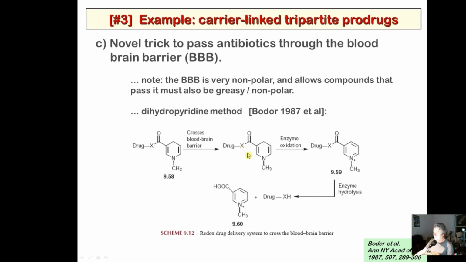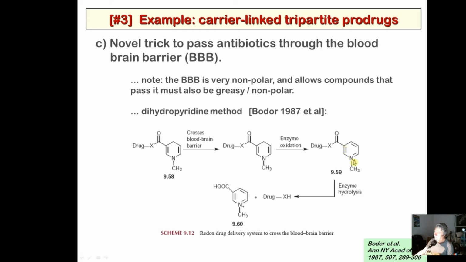So this will make it into the brain, and then oxidation enzymes, maybe related to P450, within the brain tissue will actually oxidize the dihydropyridine into a methylpyridinium species. So this is a charged thing. These charged things will not leave the brain, and then this can be hydrolyzed really easily.